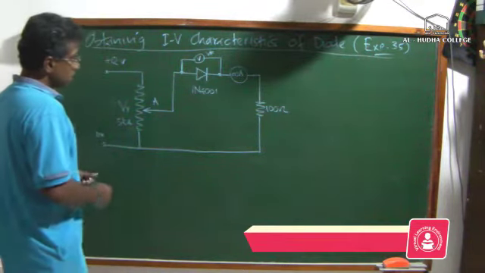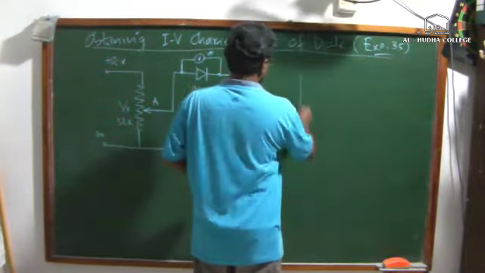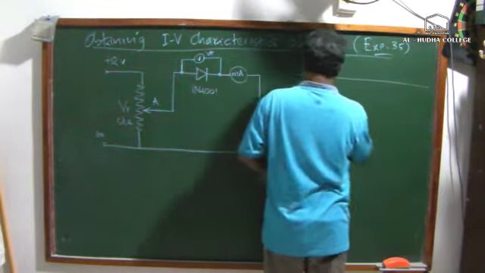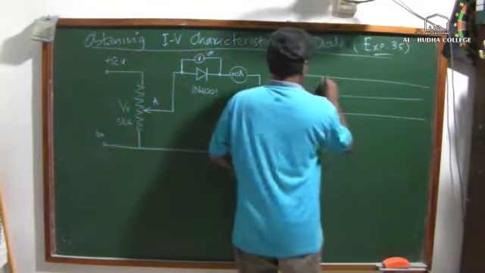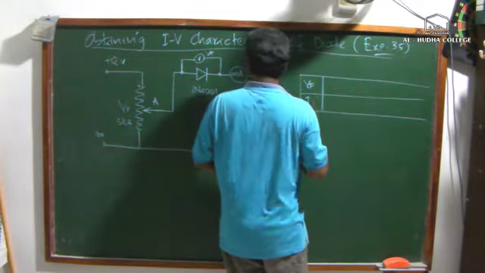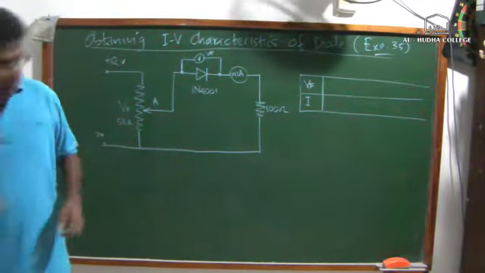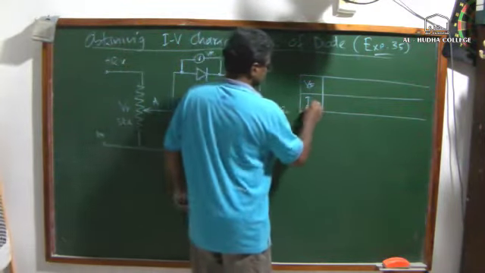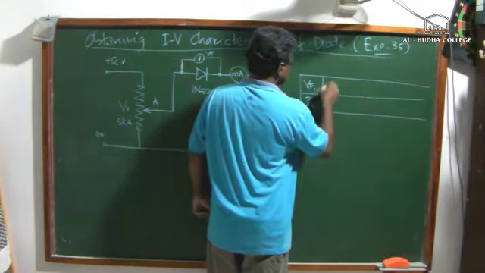So they are asking you to draw a table for each VF, the diode current, IF, the forward bias current. This is in milliamps, this is in volts.